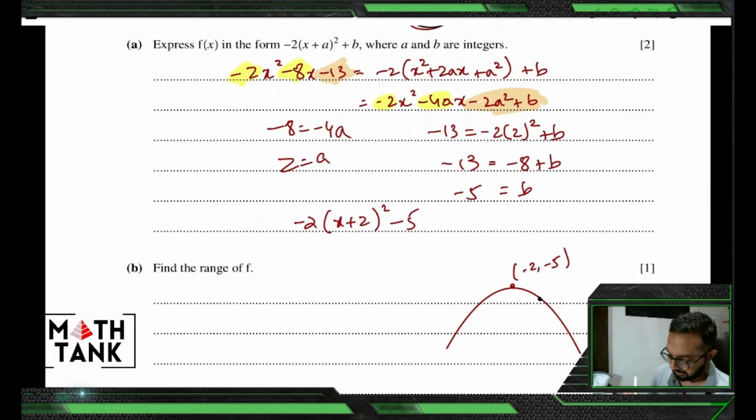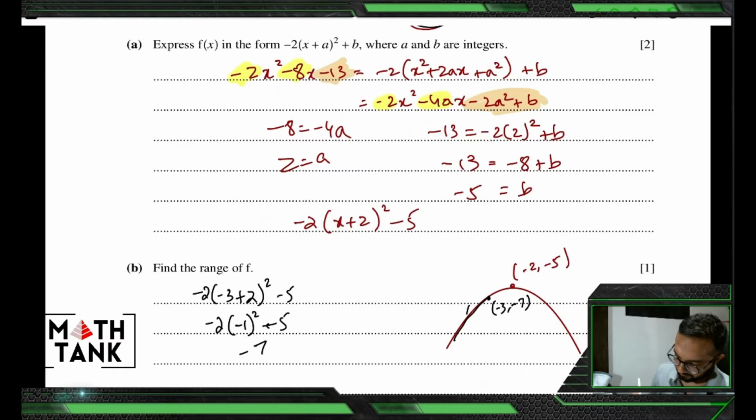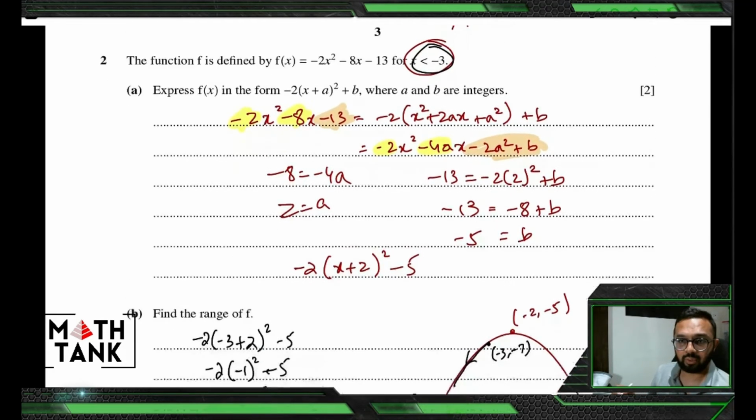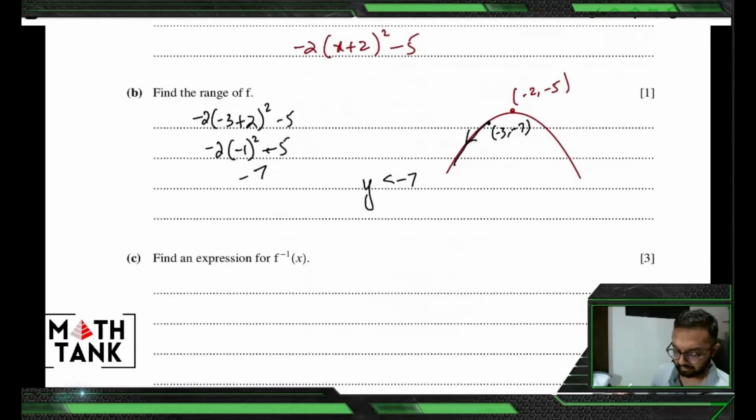Let's plug in minus 3 first. Let's see what we get. So that's minus 7. So we are here. So we're going downwards from here. So I'm going to say that y is less than minus 7, not even equal to, because that part of the domain was not included. So y is less than minus 7.